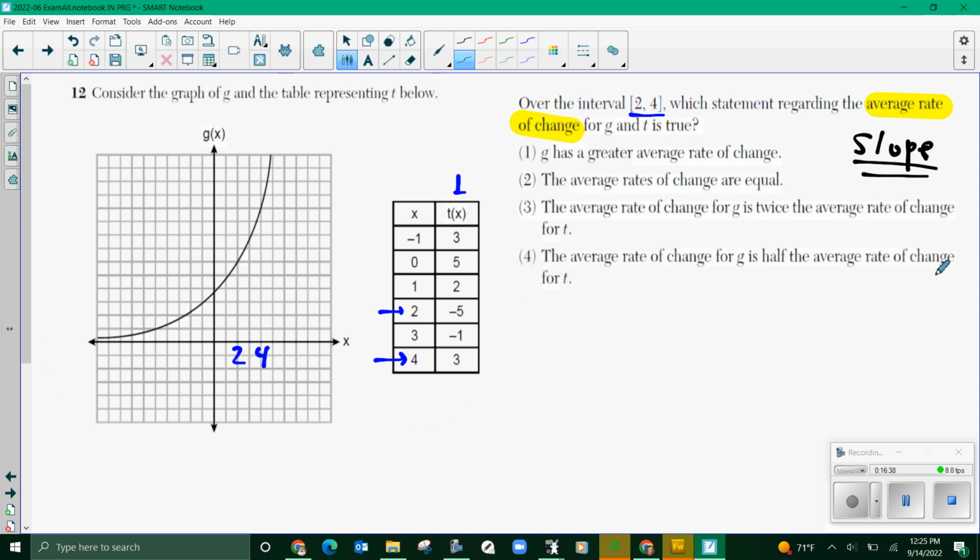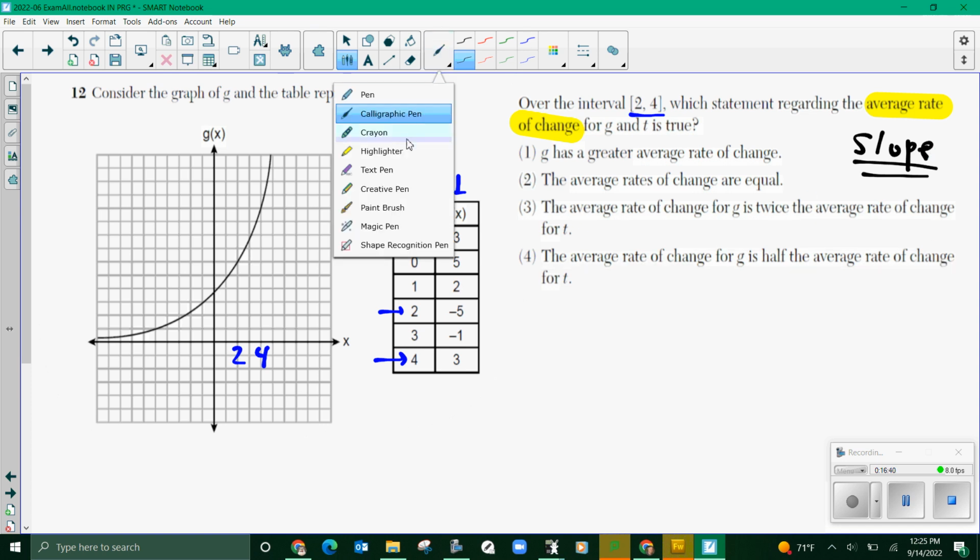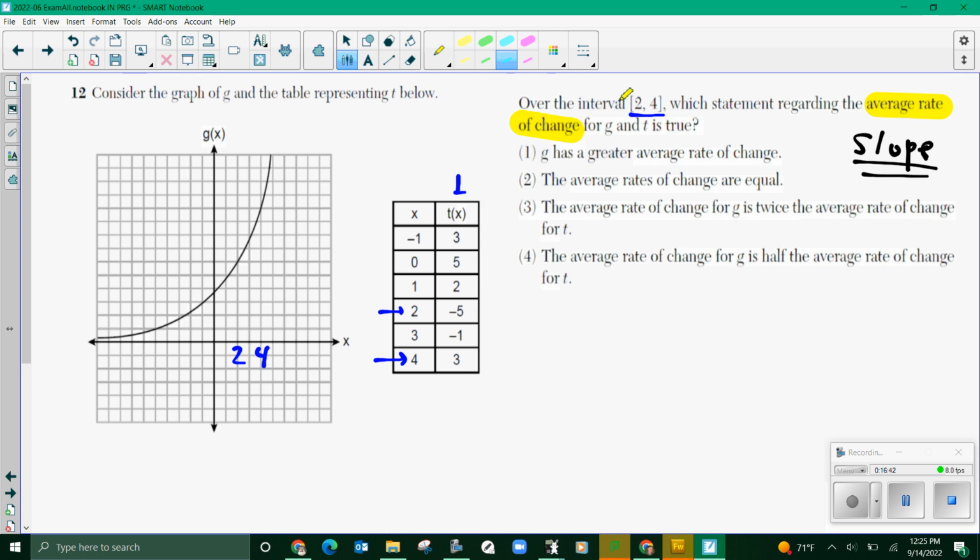Let's look at G of X, our graph. From 2 to 4, these are X values. So X is 2 right at this coordinate, and X is 4 right at this coordinate. Let's do this, here and here. Those are bigger, easier to see.